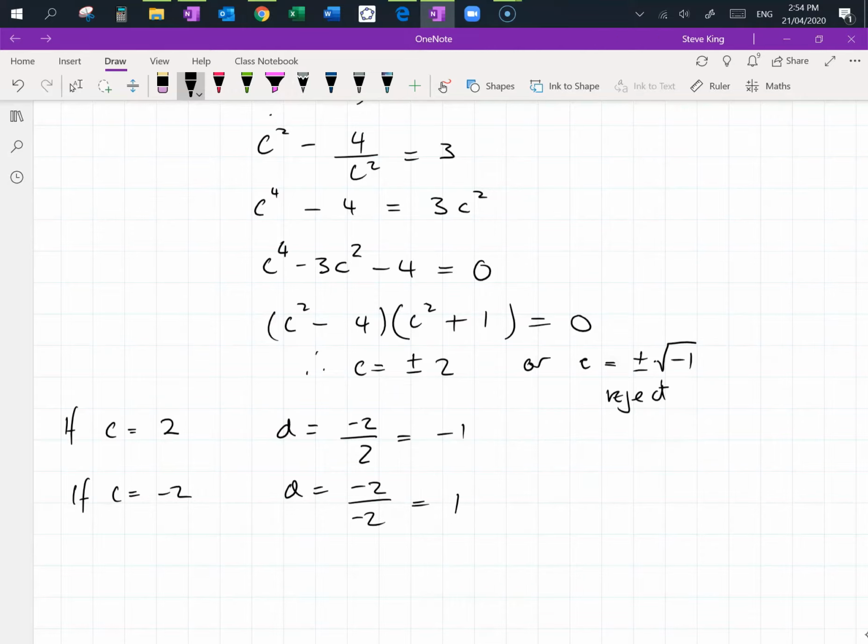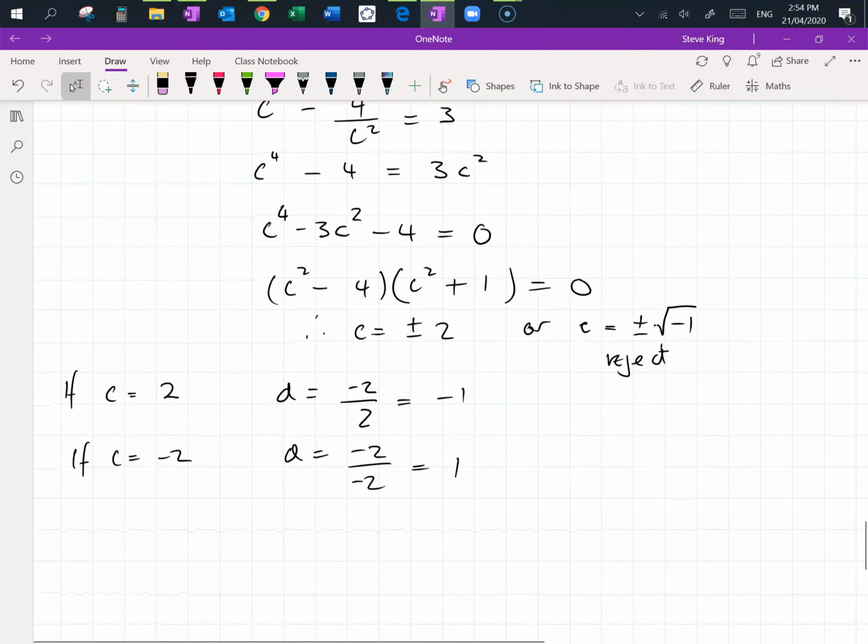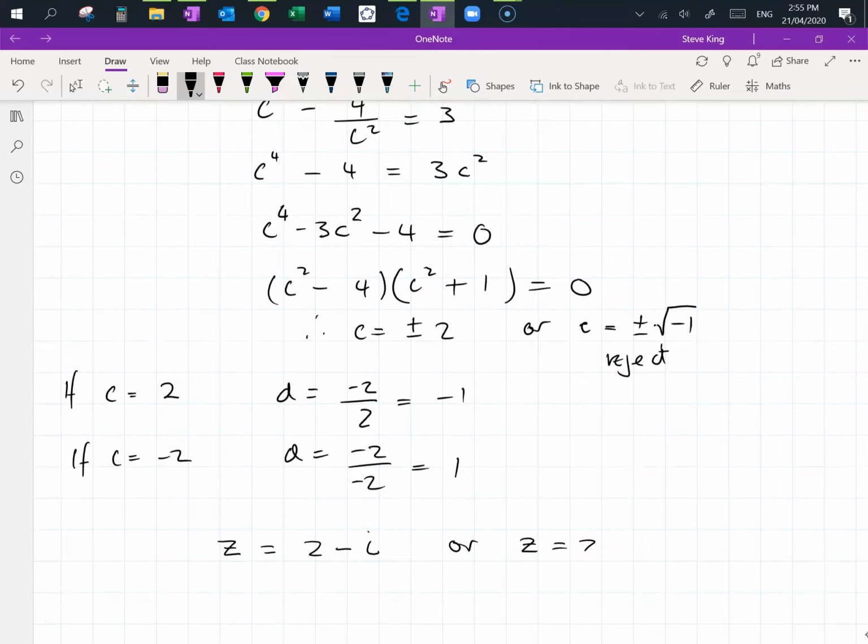And so here I have my two solutions. z is either going to be 2 minus i or minus 2 plus i. And those are the two square roots of the number 3 minus 4i.